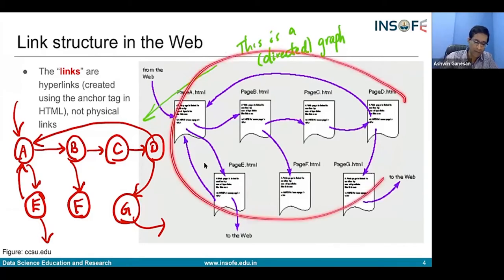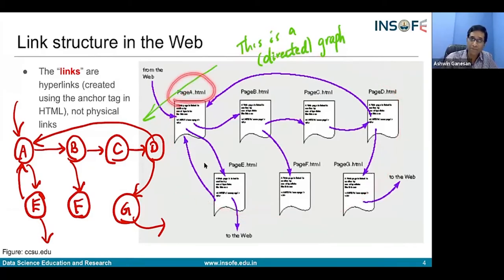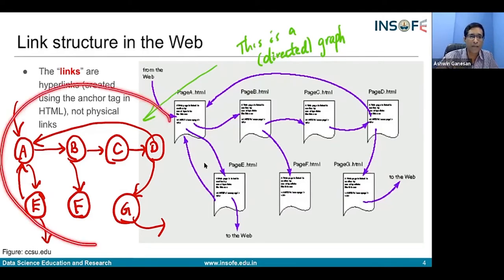If this was your web graph, where you had a web page A.html with a hyperlink to web page B, that would correspond to the arrow shown here from A to B. That arrow means that somewhere on web page A you have a hyperlink, which you can create using an HTML tag like href equals and then the URL, and that hyperlink takes you to web page B. Together, if you take all the hyperlinks and put them together, you can form this directed graph.